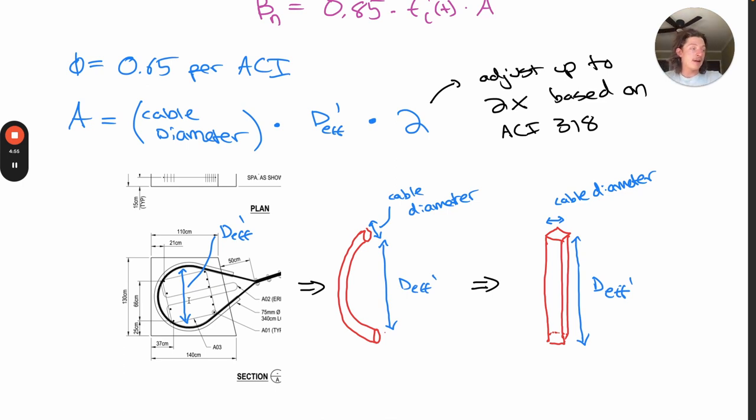And that bearing area can be adjusted up to 2 times its initial area based on ACI 318, and because there is concrete above and below for that bearing area to dissipate force in either direction, we can adjust it by a factor of 2.